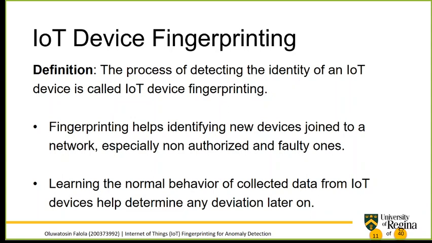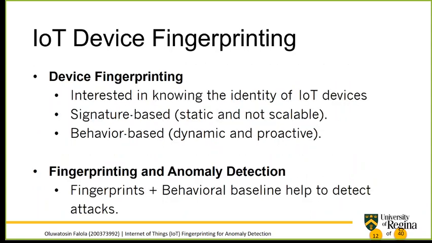Learning the normal behavior of collected data from IoT devices helps us determine any deviation later on in the IoT device. For our project, we are interested in knowing the identity of IoT devices.